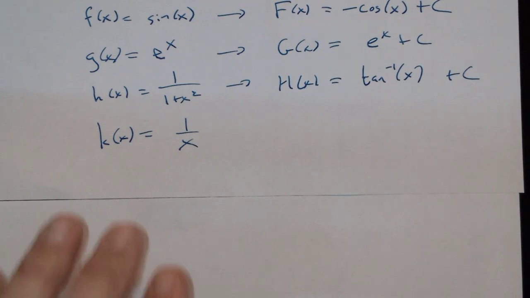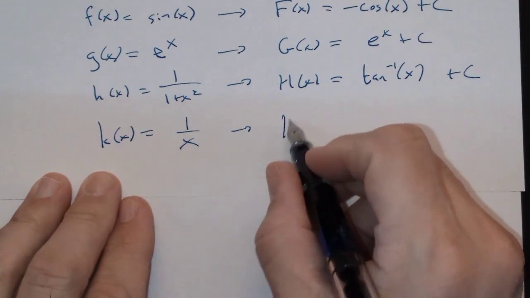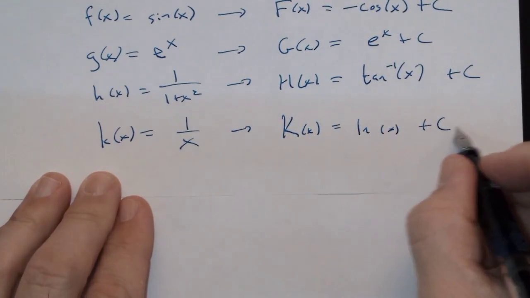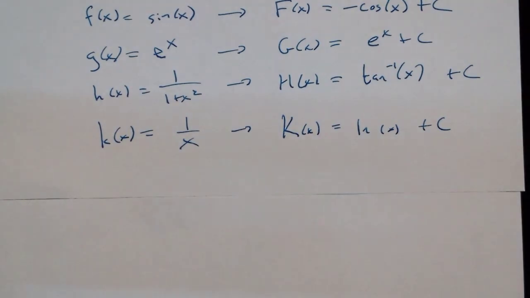Almost. My first reaction is to say that k of x should be ln of x. But here's an interesting point. 1 over x is defined as long as x is not 0. Yes? ln of x is defined only for positive x. What happened to my other side?